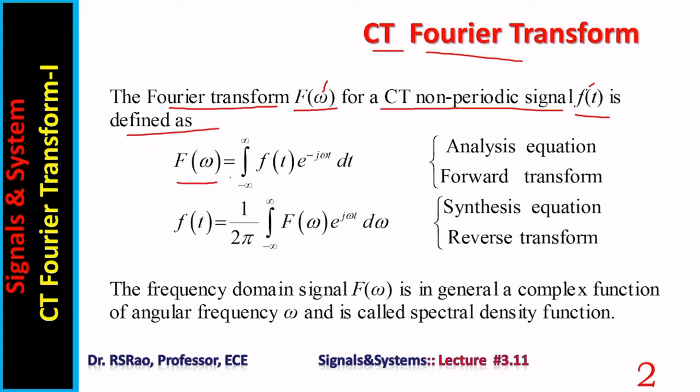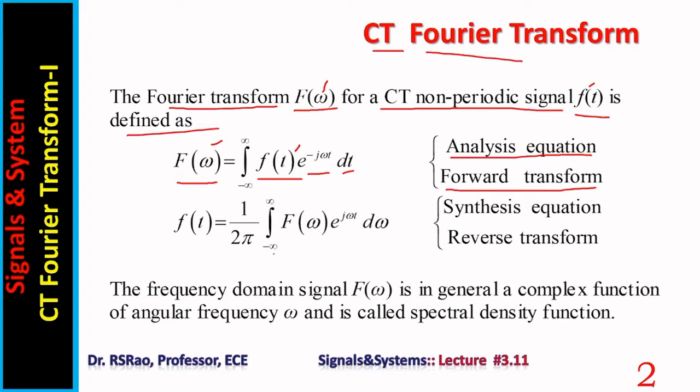F of omega is equal to integral minus infinity to plus infinity f of t e power minus j omega t dt. This equation is called analysis equation. This equation helps us converting time domain signal into frequency domain signal. It is also called forward transform.